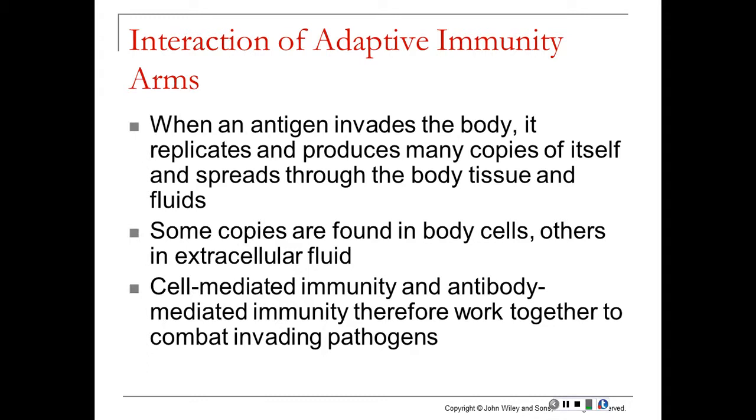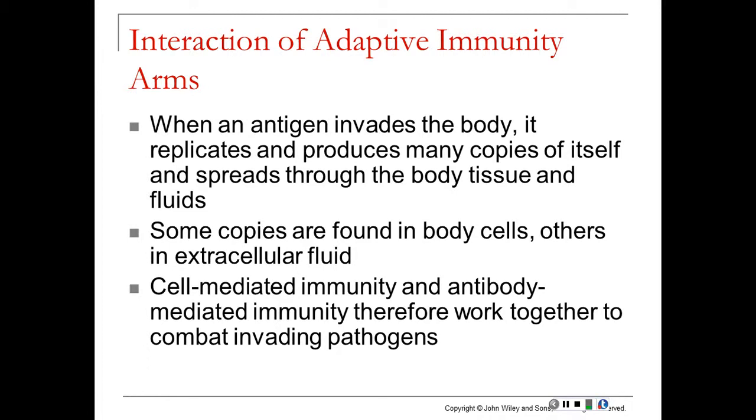So there's an interaction between the cell-mediated and antibody-mediated immunity. So when the antigen invades the body, it replicates and produces many copies of itself and spreads through the body tissue and fluids. Some of those copies are found in the body cells and others are found in the extracellular fluid.